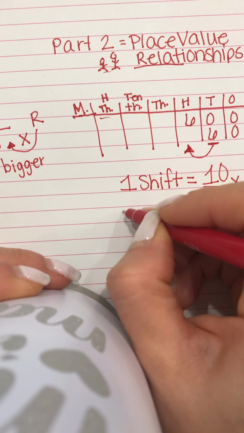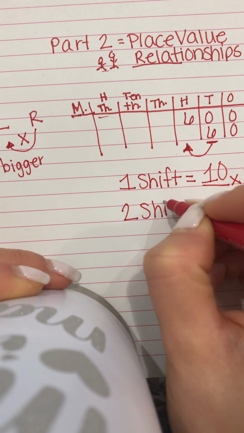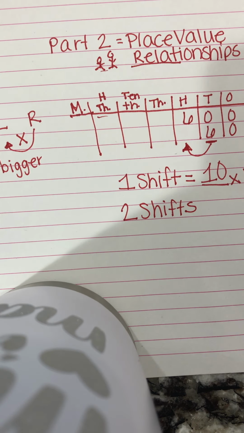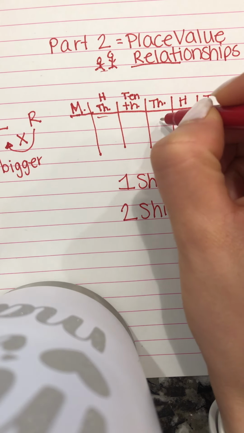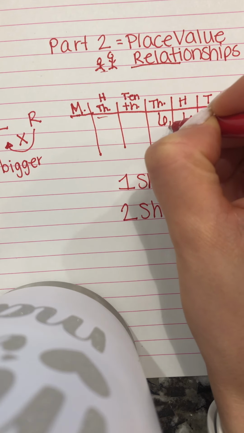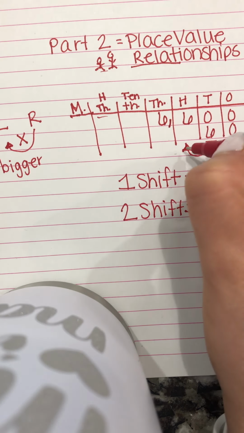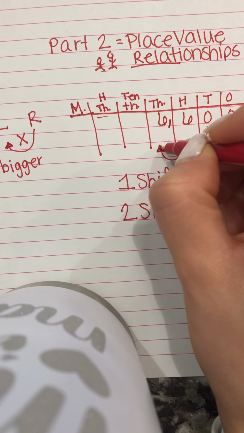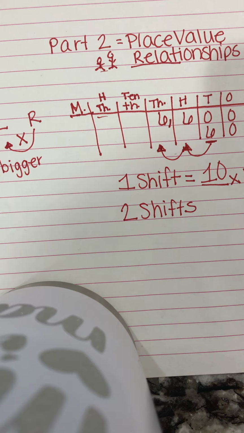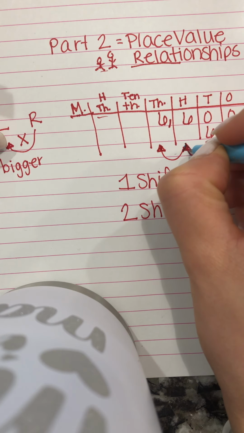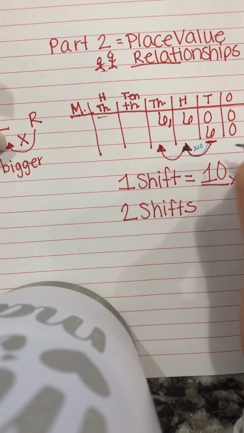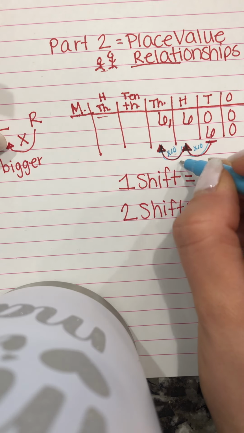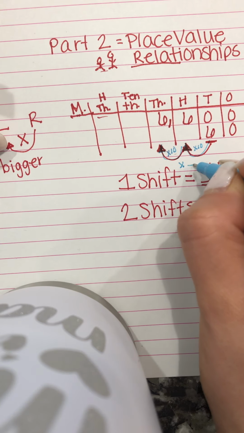All right, let's think of 2 shifts now. So if we have a number like 6,660, to get from the tens place to the thousands place, we shift once, which we know is times 10, and then a second time, which is also times 10, what does that equal together?